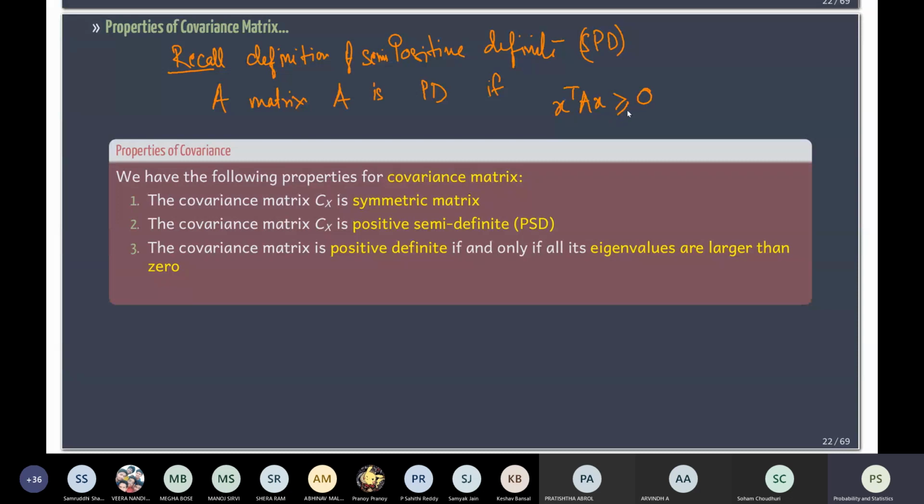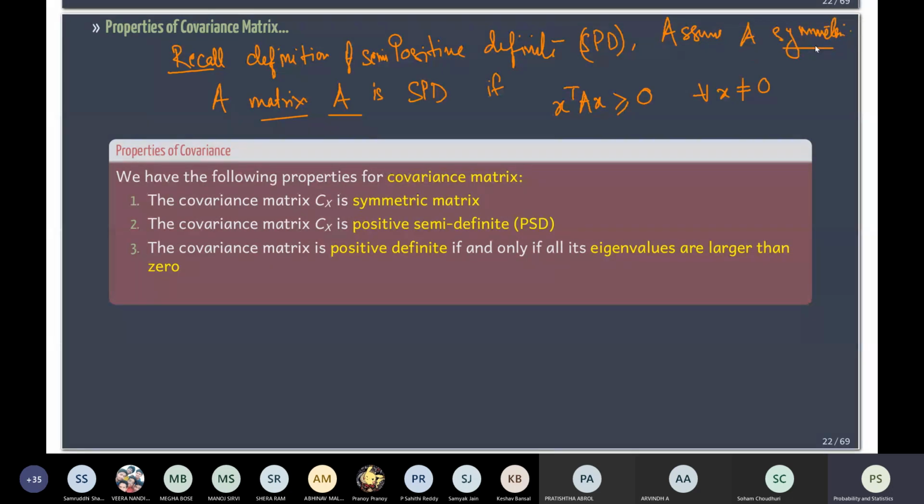Okay, for the semi case, greater than or equal is also allowed. If you talk about only positive definite, then it's strictly greater than 0, for all X not equal to 0; for X equal to 0, obviously this will be equal to 0 only. So this is the definition of a semi-positive definite matrix, and we also assume A to be symmetric.